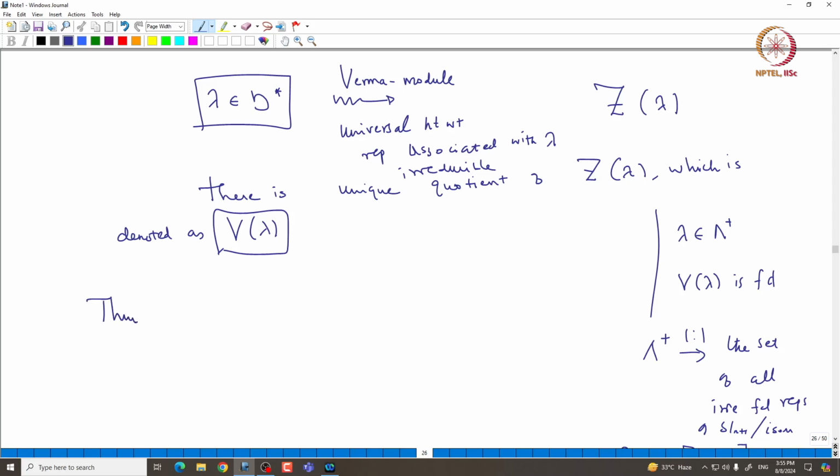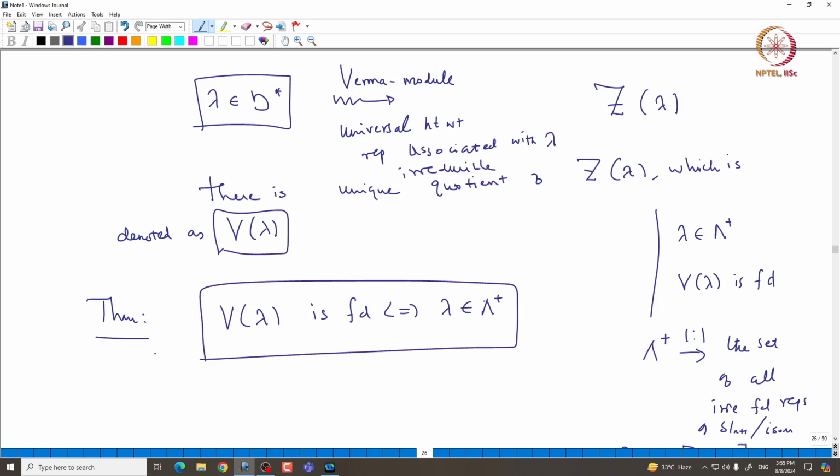Indeed, we will prove as a theorem that these V lambdas coming from Verma modules are finite dimensional if and only if lambda is a dominant weight. This is a very deep theorem that we prove in the coming classes. This is where we are heading with the finite dimensional theory. This Verma construction is very subtle and important, because it works for any semi-simple algebras.